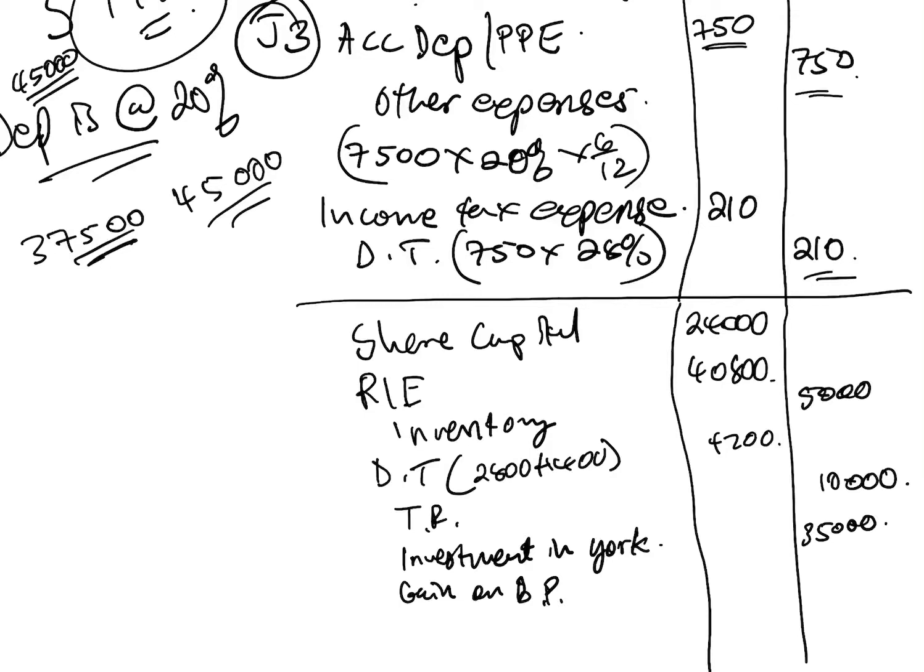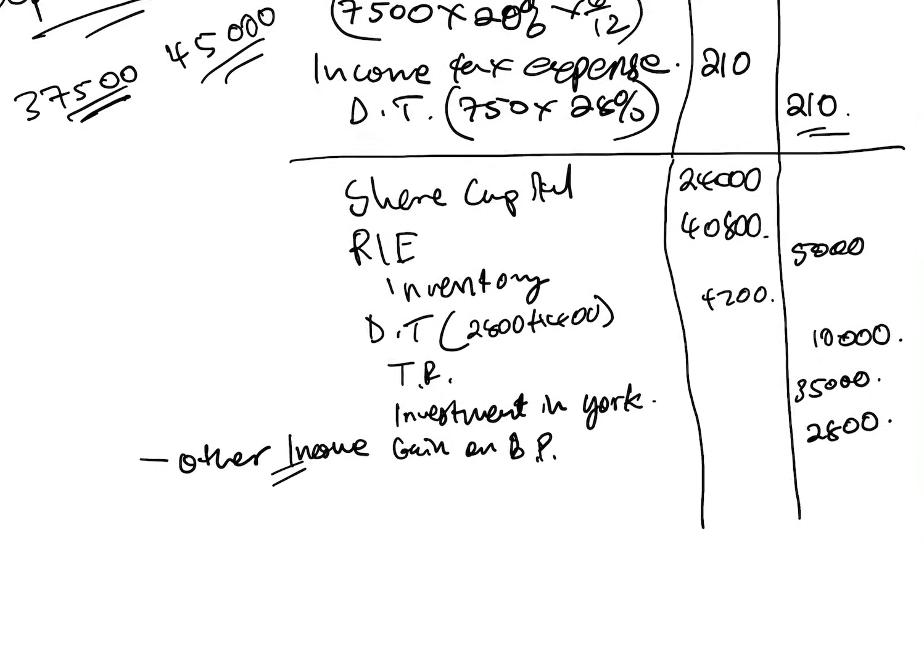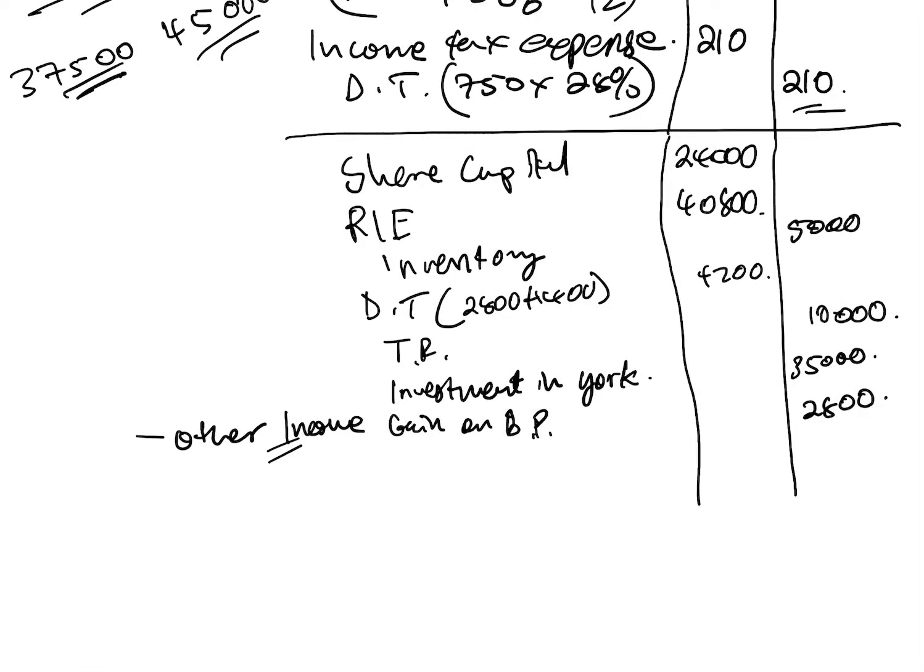So the balancing figure is on the credit side. In the profit and loss, go and add this gain on bargain purchase in other income. There is no goodwill for this entity. This is called the elimination of owner's equity at acquisition.